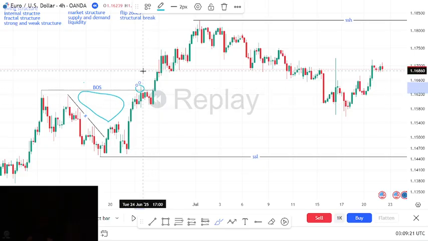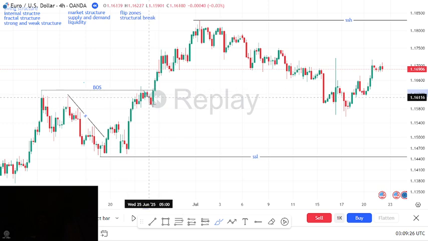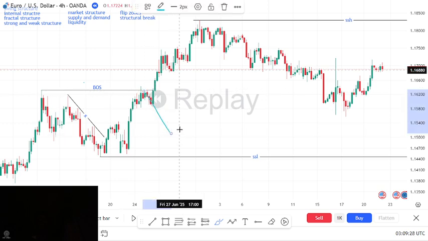But in this case, the main move, they don't really go much to the downside.